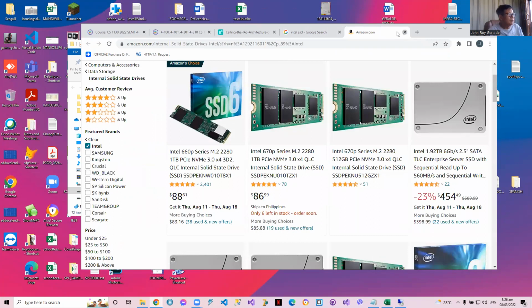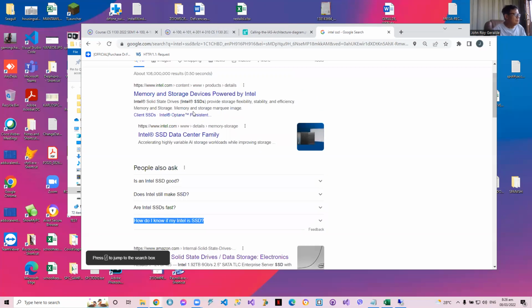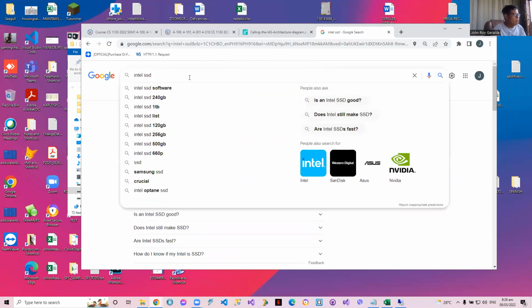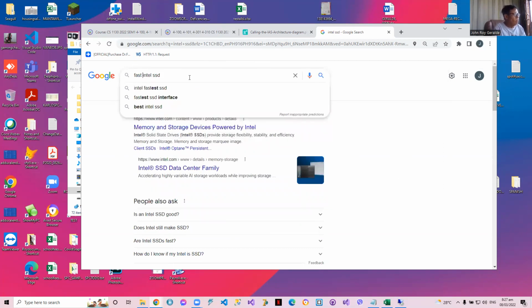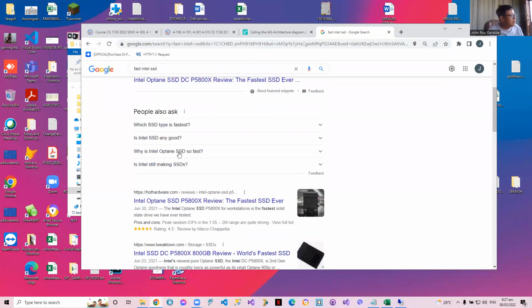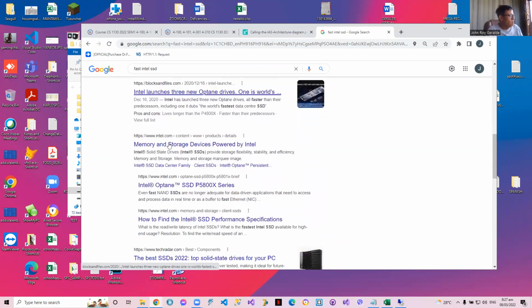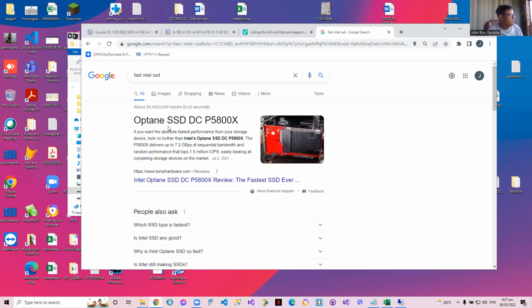Dito, sa Amazon ako napunta. It's not yet released. Hindi pa na-release.